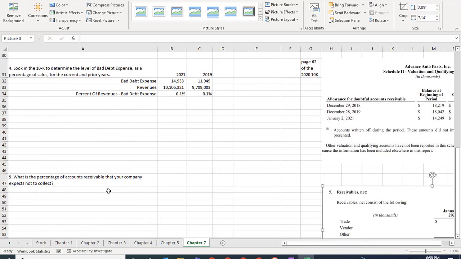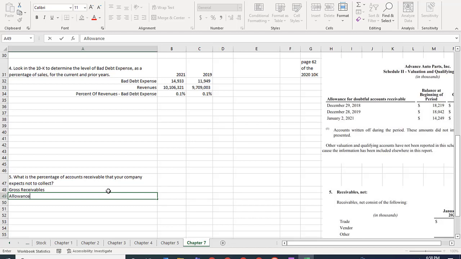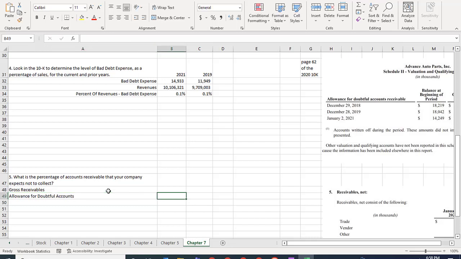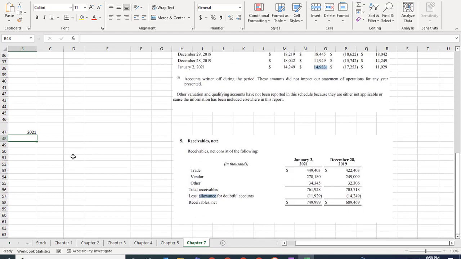Okay, so I'm going to need my gross receivables, my allowance for doubtful accounts. We're just going to do this for the current year, 2021. I'm going to come over here and see if I can kind of see it.